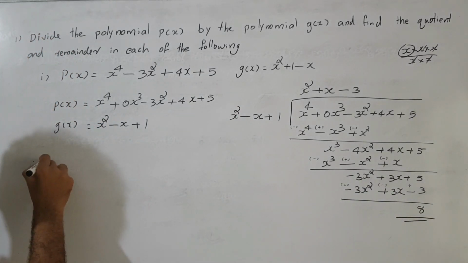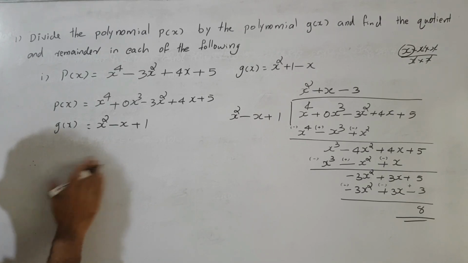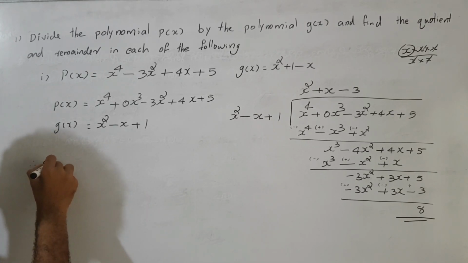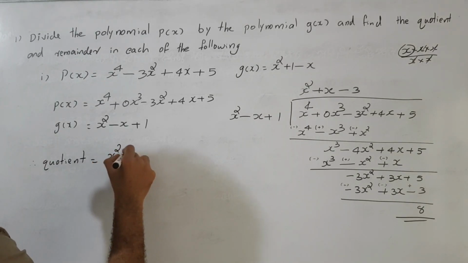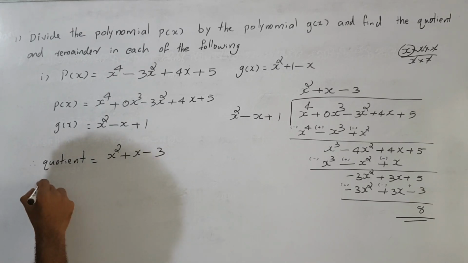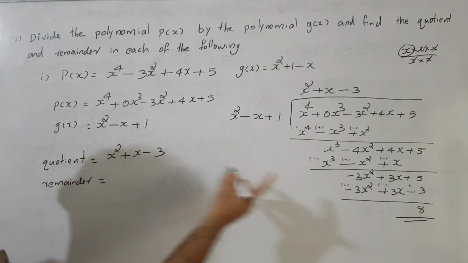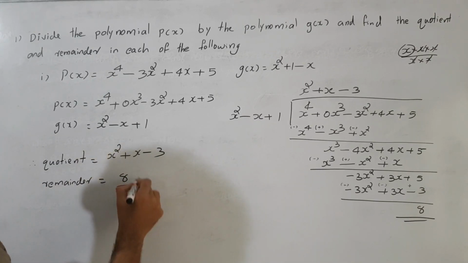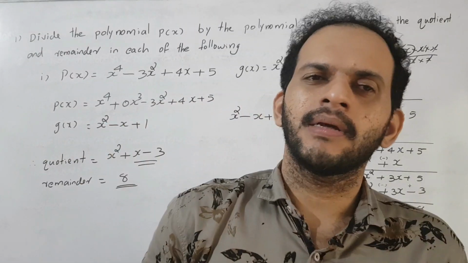Therefore the quotient is equal to plus x minus 3 and remainder is equal to 8. So the question asked to find the quotient and remainder.